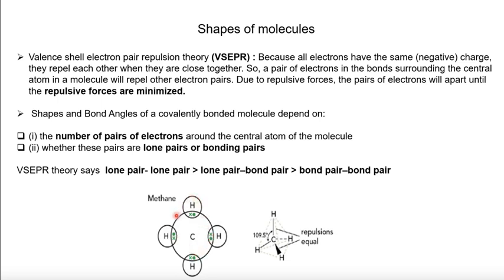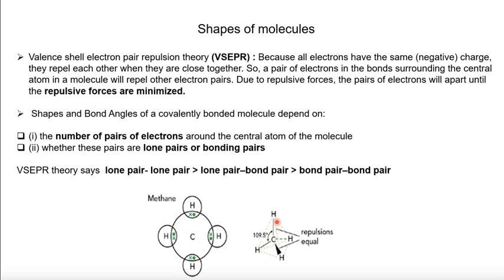These 4 pairs of electrons would be arranged in space so that their repulsive force is minimized. Once we arrange them like this, the angle between hydrogen, carbon, and hydrogen is 109.5 degrees. Once we get a shape like this, we call it a tetrahedral shape.